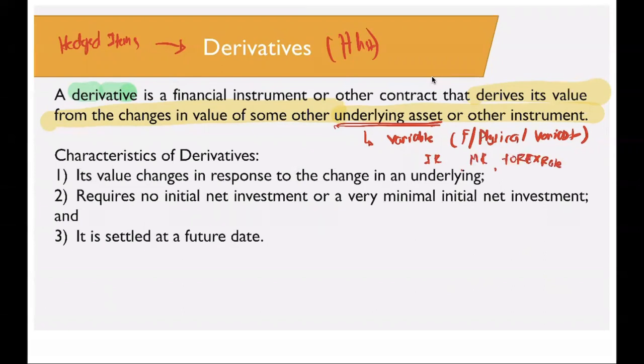Okay, so again, an underlying asset is a variable that you can observe the changes of. Clear? Okay.